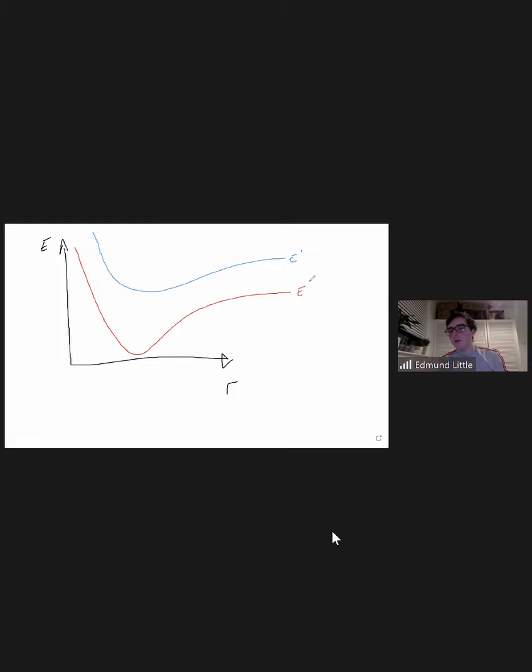So you've got a Morse potential or a potential energy surface here. They're both Morse potentials, for the ground state in red and the excited state in blue. So the Franck-Condon principle says that any transitions between these will occur vertically. So the Franck-Condon principle gives rise to the so-called vertical transitions, like this.